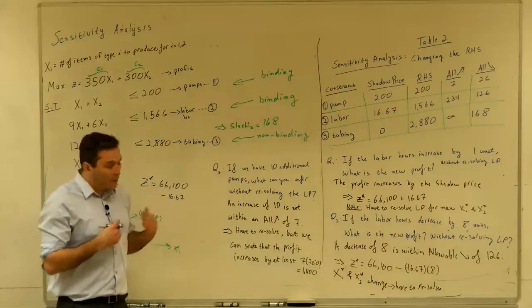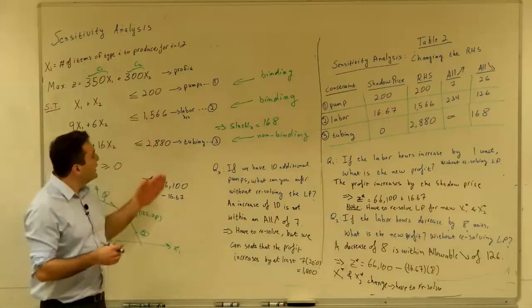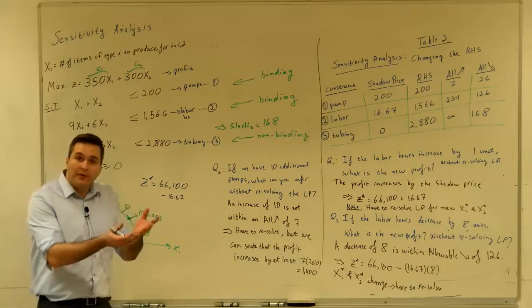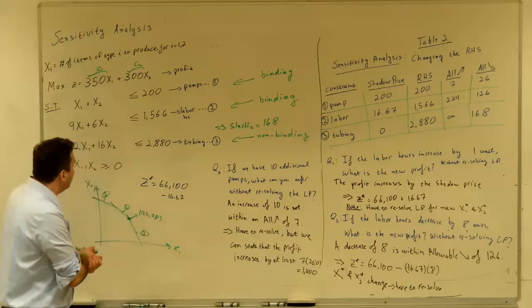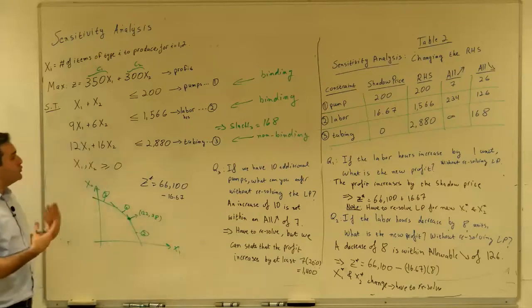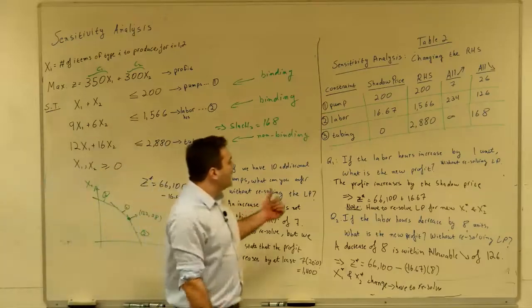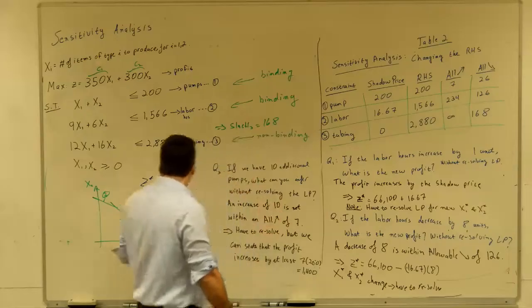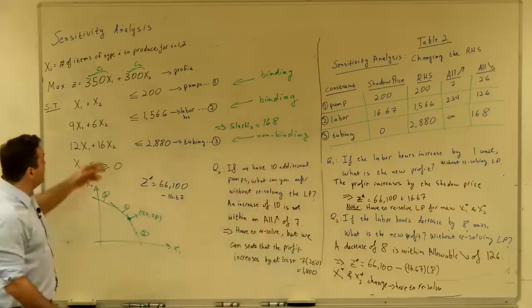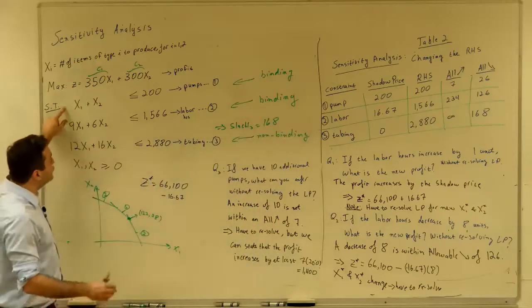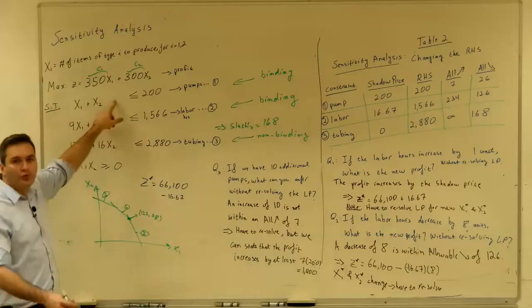But you have to note that with this sensitivity report, if I change the right-hand side, I can probably get the new profit if I'm within the allowable increase and decrease, but my new optimal solution will change. It will no longer remain 122 and 78. Because graphically, if you think about it, the optimal solution was the intersection of those two constraints.